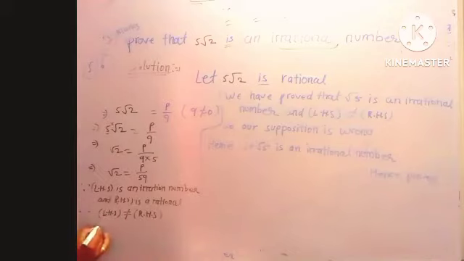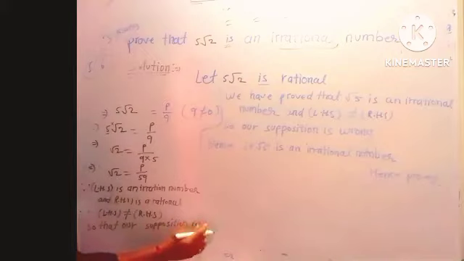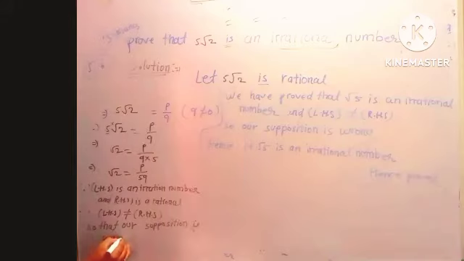So our supposition is wrong. Hence, 5 root 2 is an irrational number.